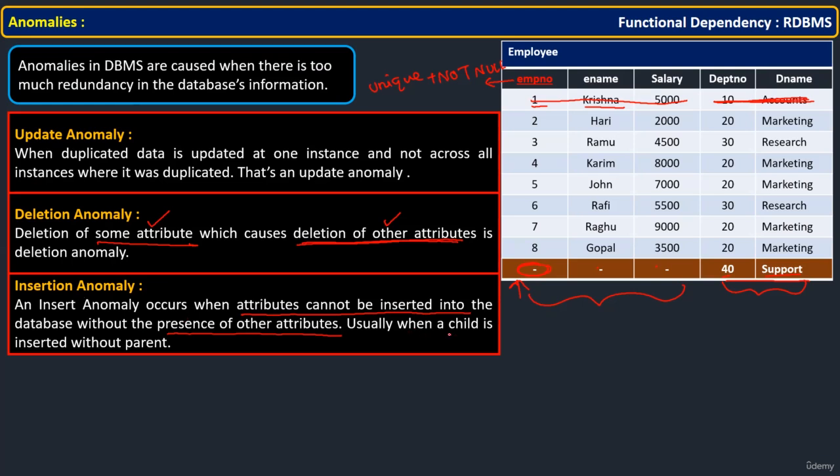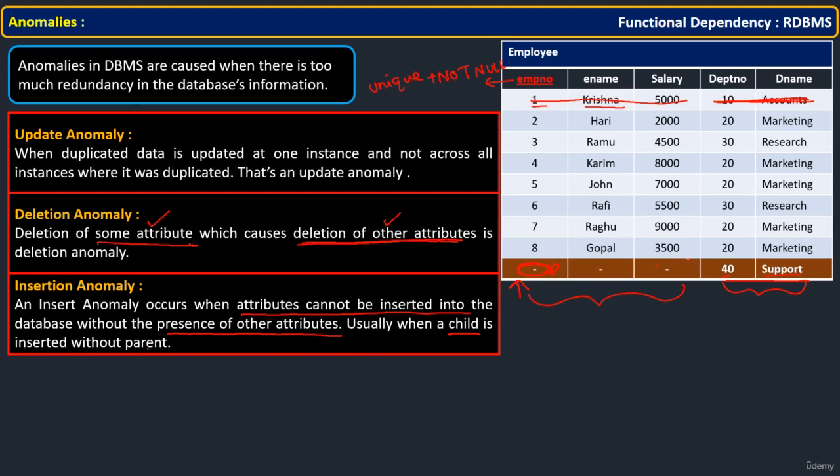This is actually a child inserted without a parent. That means this is the parent, and this is the child. So you have to insert this one so that you can insert this further. So these are the major three problems you are facing if your database is not designed properly.